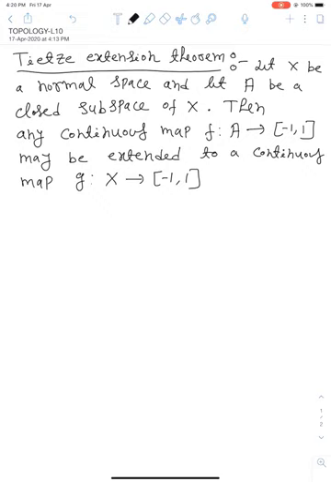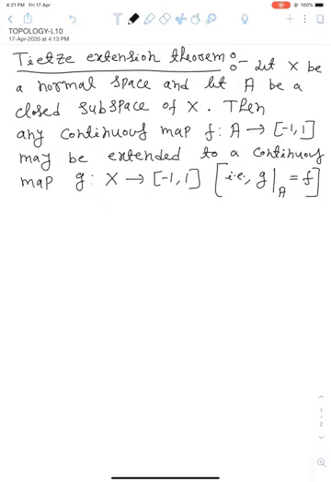The codomain is the same, but we extend the domain. Now what do we mean by extended? That means G restricted over A is actually the function f. In other words, if we take the restriction of G on A, this is just the function f.